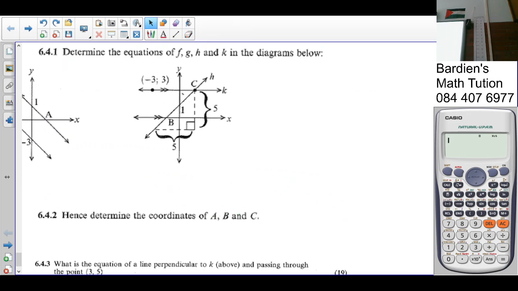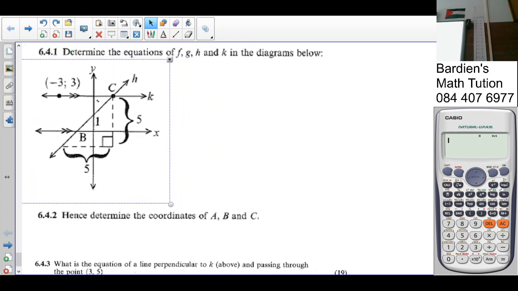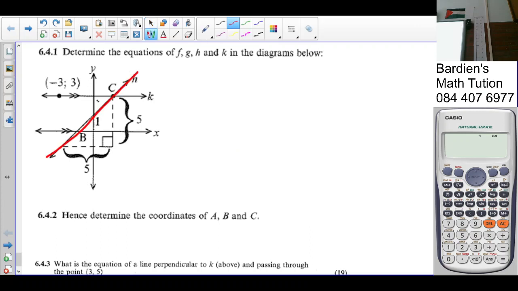So the next question: determine the equation of h and k here. So what's the equation of h? It's going to be that graph here. Do we have 2 points that this graph is going through?